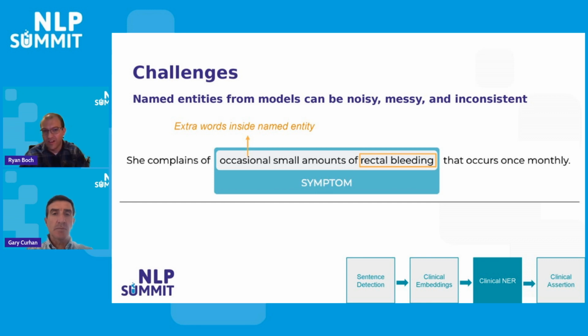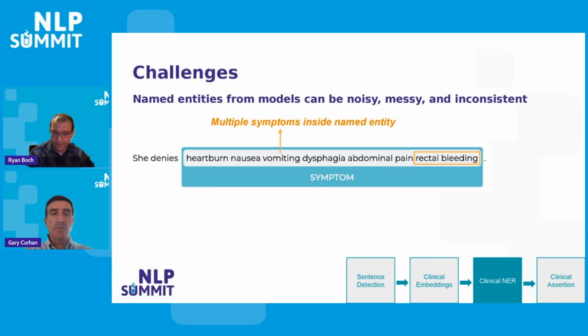And sometimes these extra words would be considered part of the symptom. So it's not always, I would say, an issue where you're getting a better symptom output. But they can be noisy. It does make this stuff a little bit more difficult to work with. Another example of this is we see multiple symptoms inside a single named entity.